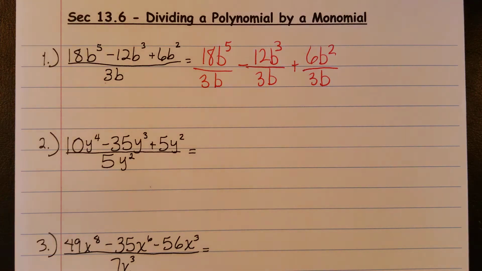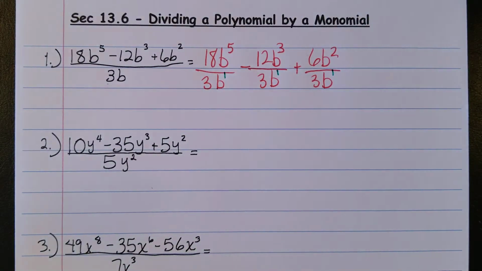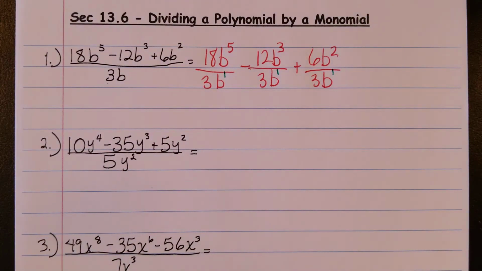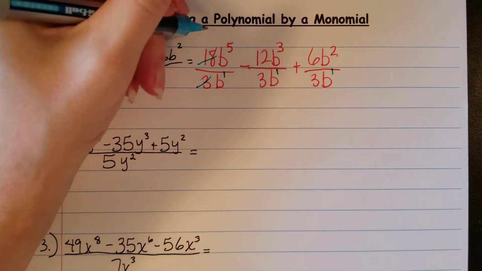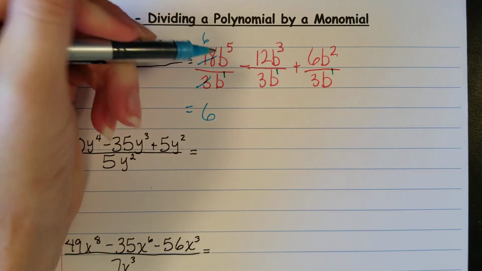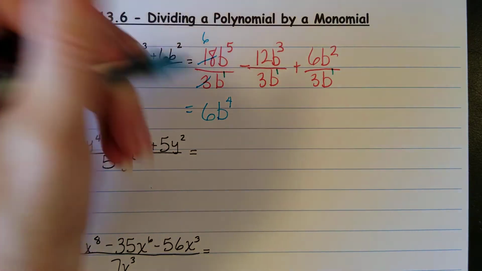There's an invisible exponent of 1 on that b in the denominator. So 3 goes into 18 6 times, and then 5 minus 1 is 4, so that's b to the fourth.